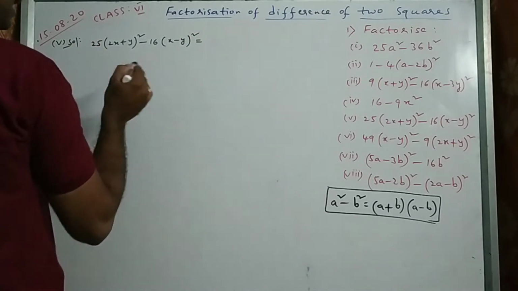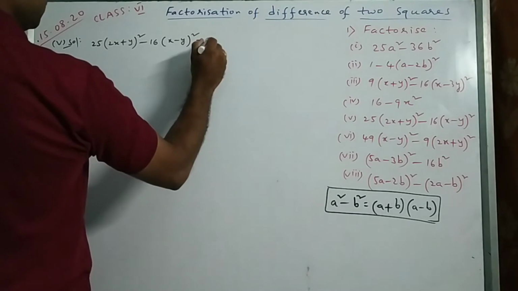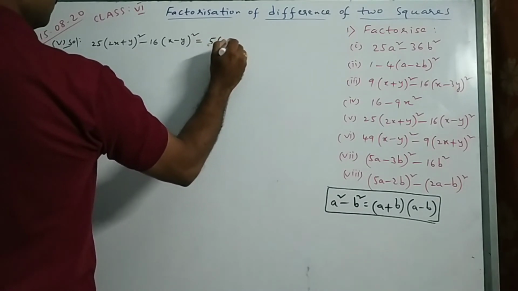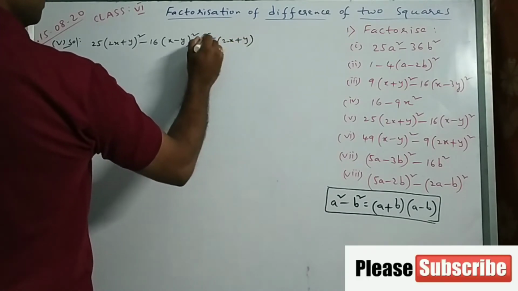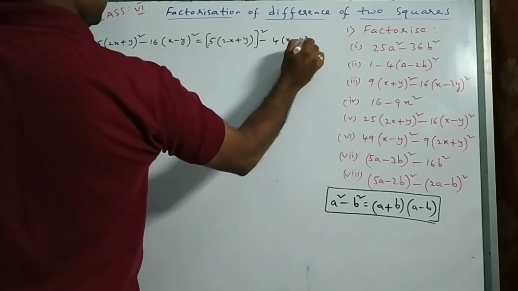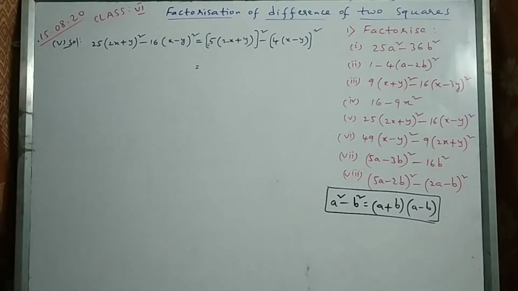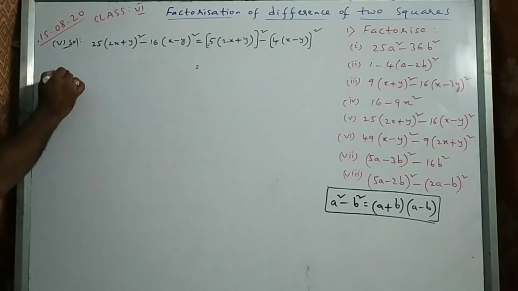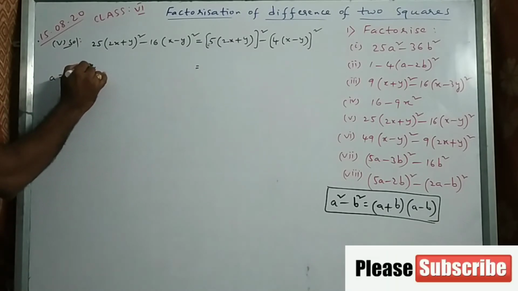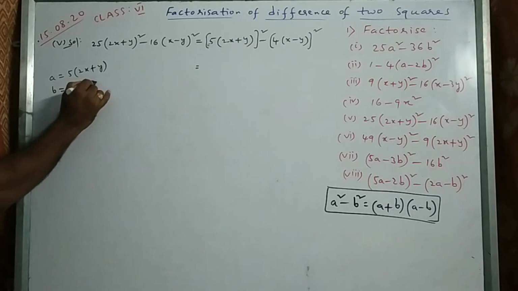I can write 25 as a perfect square and 16 also a perfect square. 25 means 5 into (2x plus y) whole square, 4 into (x minus y) whole square. Okay, a square minus b square. So a value is 5 into (2x plus y), b value is 4 into (x minus y).